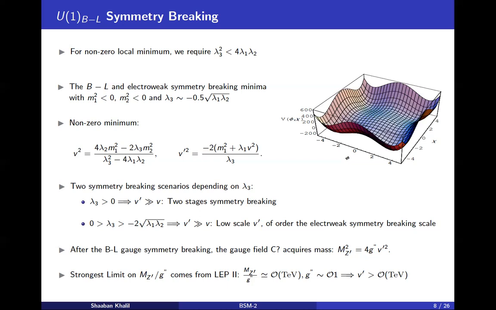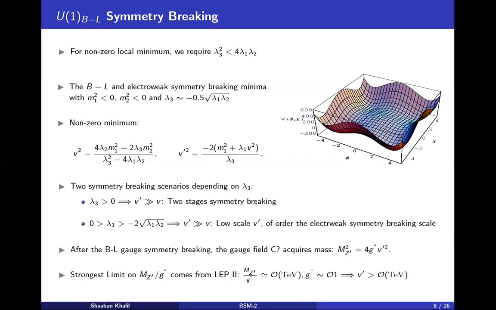The constraints from searches for the Z prime, especially from LEP2 and the LHC right now, give a condition on the ratio of the Z prime mass over the gauge coupling g double prime. This should be of order a few TeV.